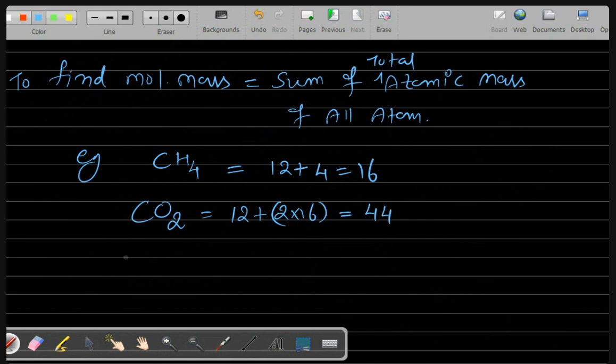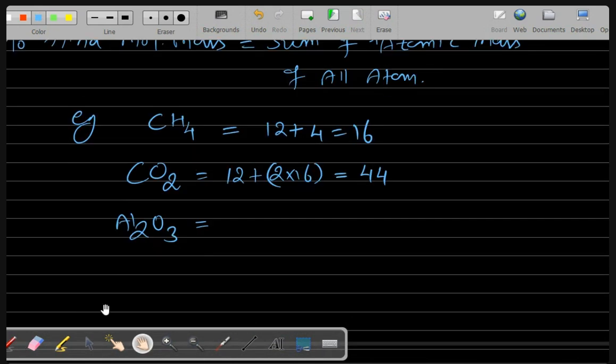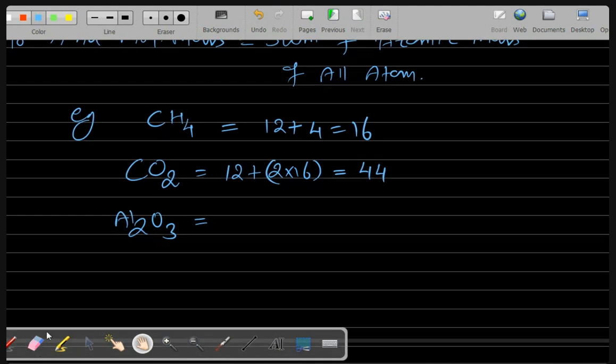Very good. And suppose I am giving you Al2O3. The atomic mass of aluminium is 27 and oxygen is 16. Try this by yourself. Sir, is it 129? You are saying 129.